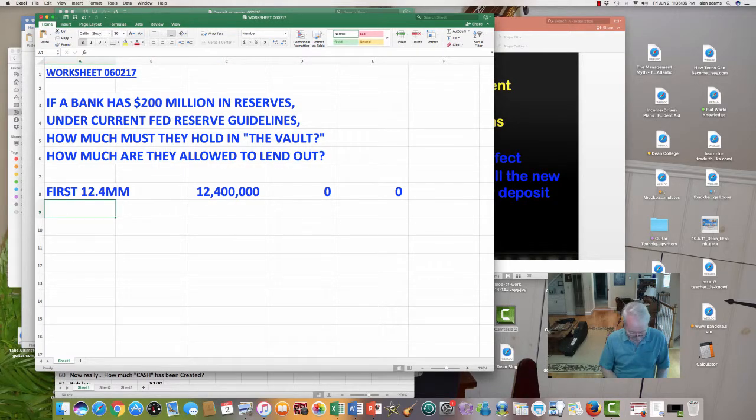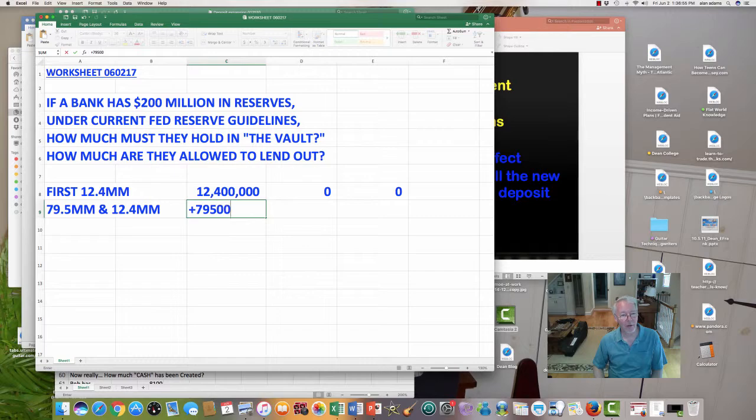Anything between the first 12.4 million and up to 79.5 million, what would that be? Well, we've already accounted for the first 12.4 million, so it's going to be 79,500 minus the 12,400 that we've already accounted for.